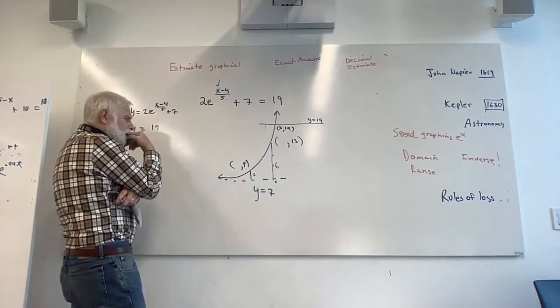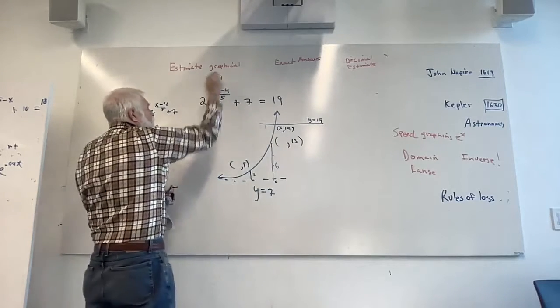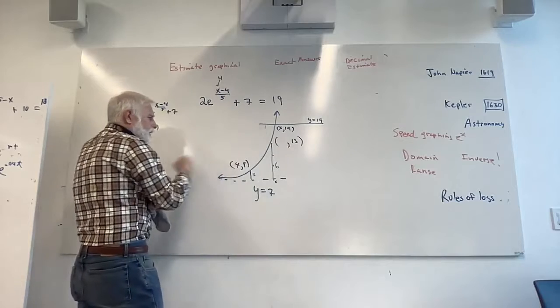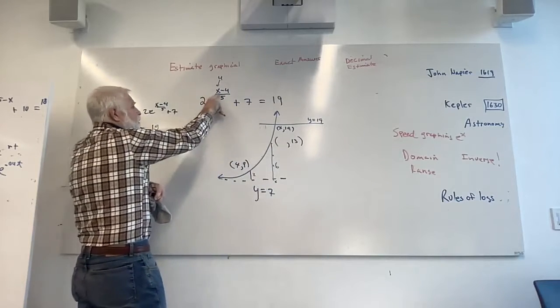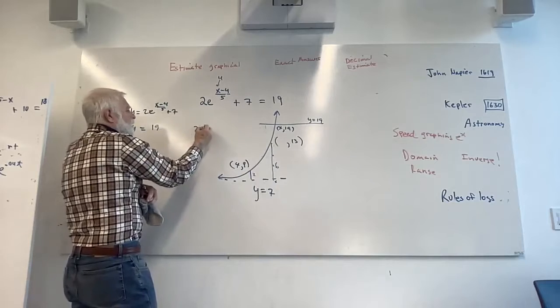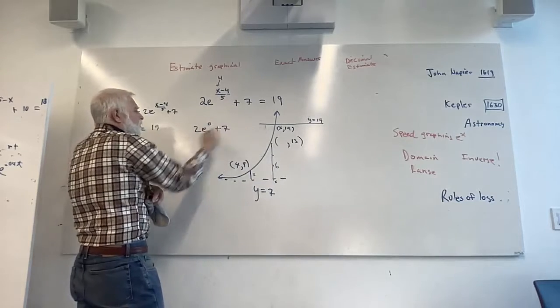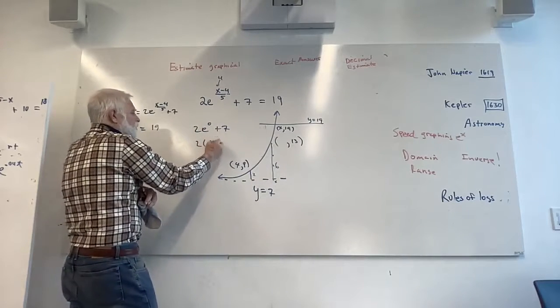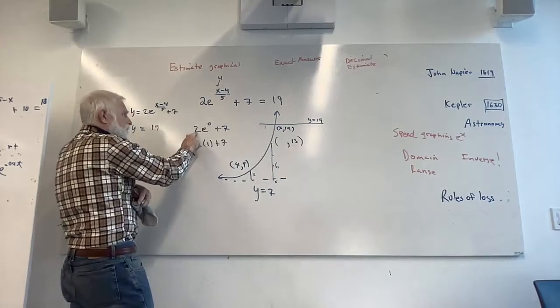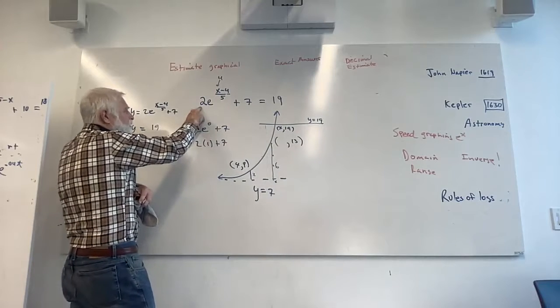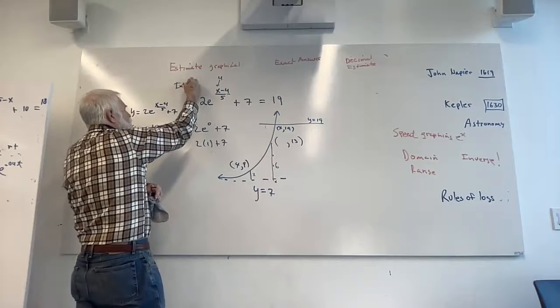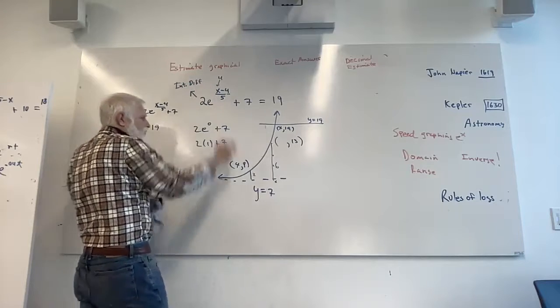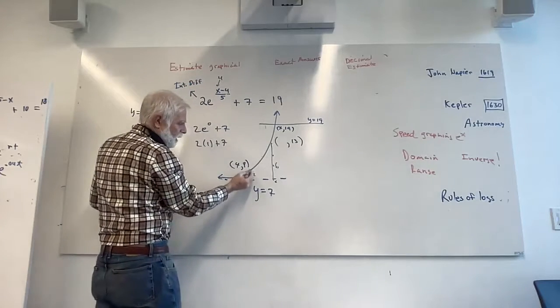So what did we do in class? We picked a number, 4, and that should get me 2 plus 7. Let's see if it does. 4 minus 4 is 0. That gives me 2e to the 0 plus 7, which is 2 times 1 plus 7. Yeah, that was the initial jump. That was the initial differential, and a differential is that bar right there.